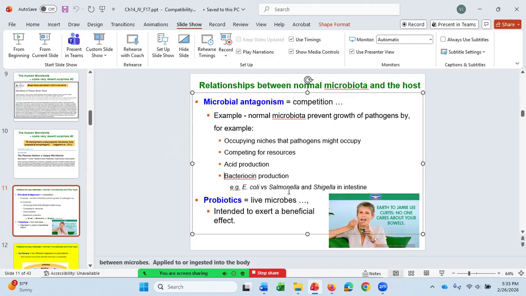And we have mostly gram negatives, a lot of gram negatives in our gut. Obviously, E. coli and a whole bunch of other bacteria are gram negatives. And you want to take the antibiotics to get rid of the Shigella, but you're killing off a lot of normal microbiota in your gut as well.